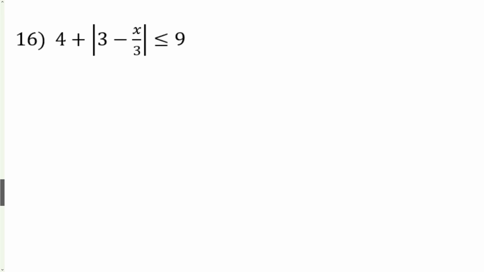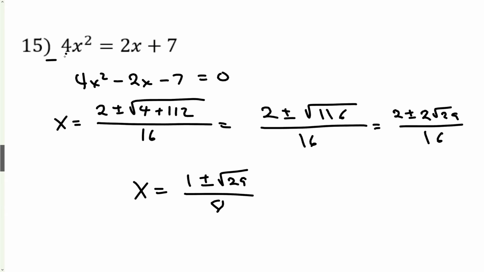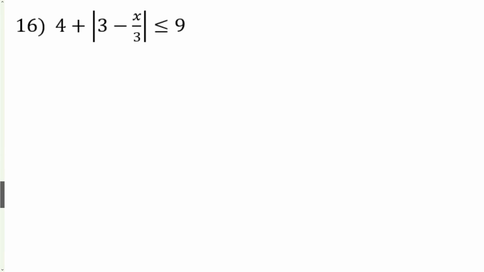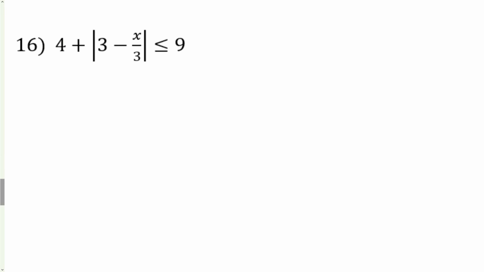Let's just go through this real quick, even though we didn't get to this. Isolate the absolute value. So we have the absolute value of 3 minus x over 3 is less than or equal to 5.